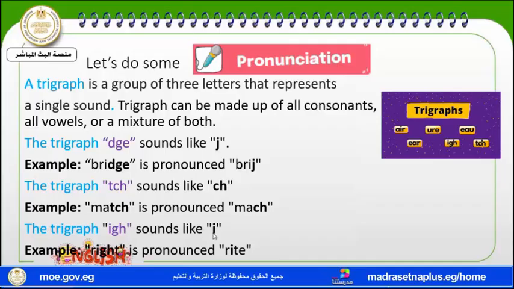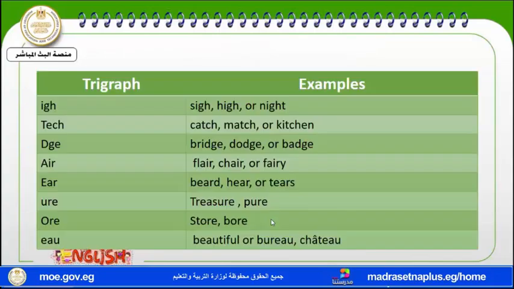It sounds like I, like the word right. We have the letters R, I, G, H, T, but here it's only R, I, T. These were examples of trigraphs and how they can appear in words.